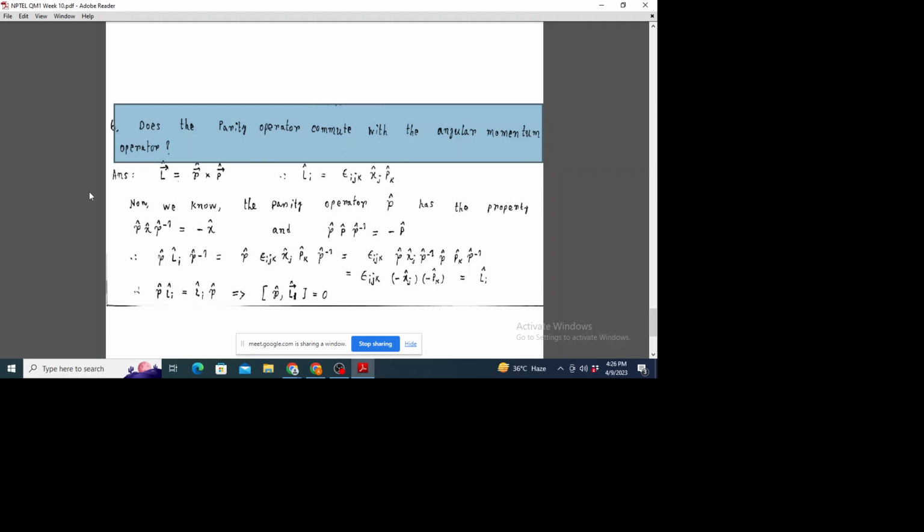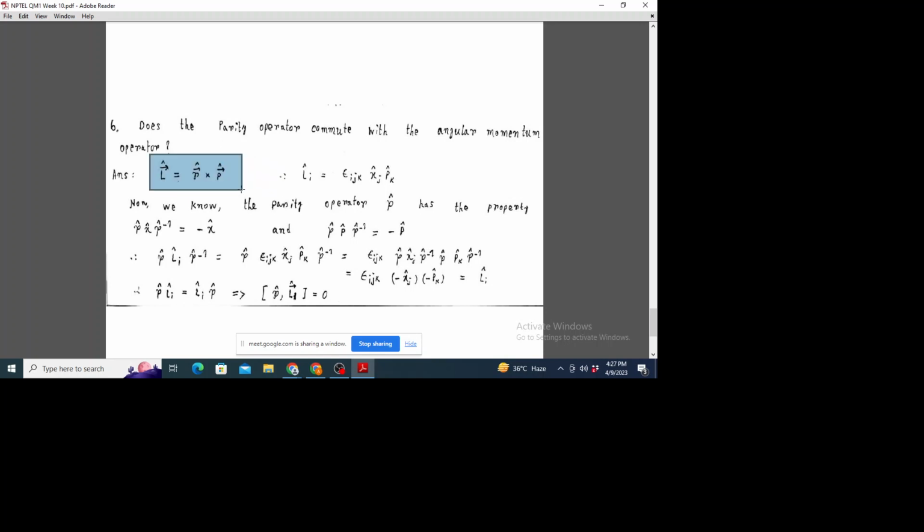So now let us see what happens quantum mechanically. The quantum mechanical angular momentum operator is this same r cross p, but now r and p are operators. This can be written like this, component-wise.